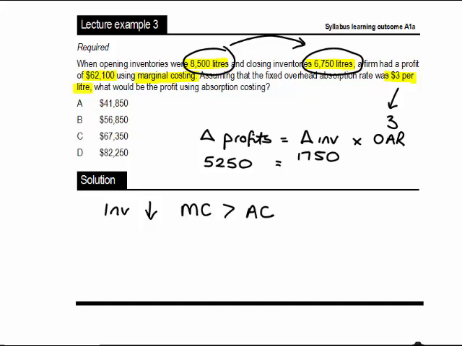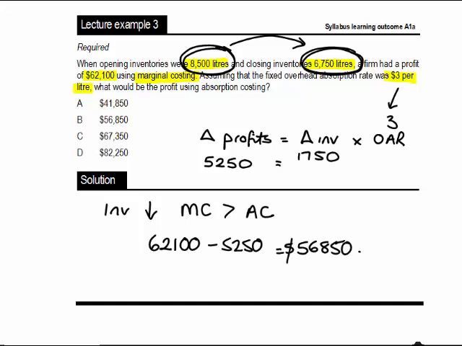More has been brought forwards into the cost of sales from opening inventory than has been transferred into the next period in our closing inventory. And therefore, we know that we've got 62,100 under marginal costing. If we take off 5,250, we end up with 56,850. That's going to be our absorption costing profit, which is answer B.